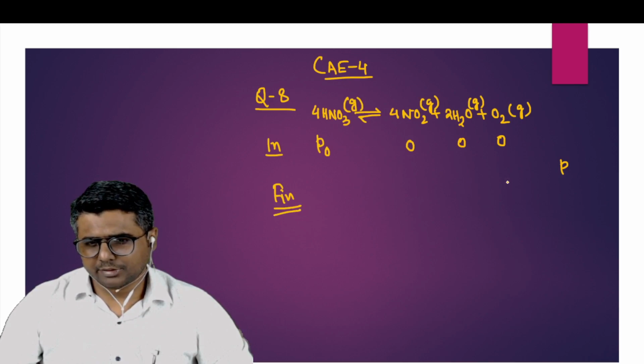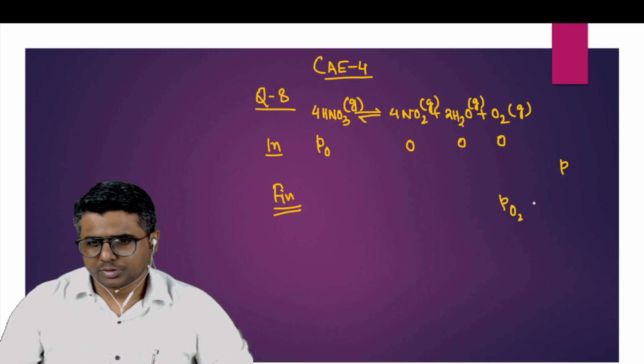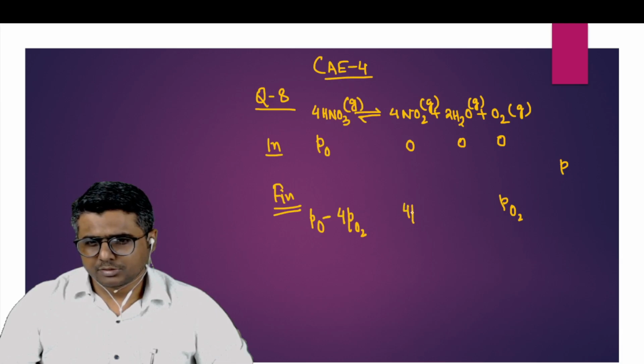So let us take first that the oxygen produced is PO2. If oxygen produced is PO2, then the reacted HNO3 is 4PO2, NO2 formed is 4PO2, and H2O formed is 2PO2.